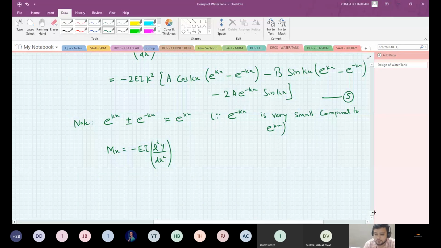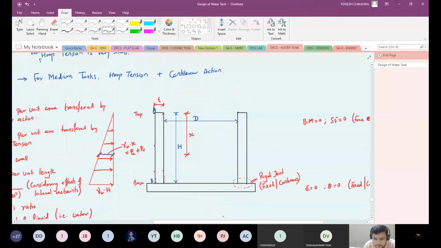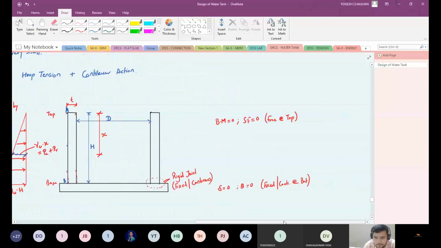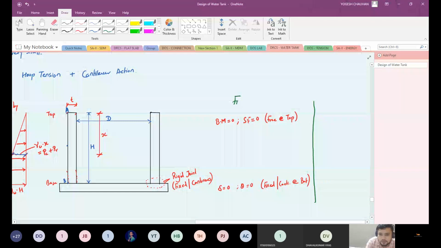Now suppose the tank is having a hinged base. For hinged base, this is called the fixed base.